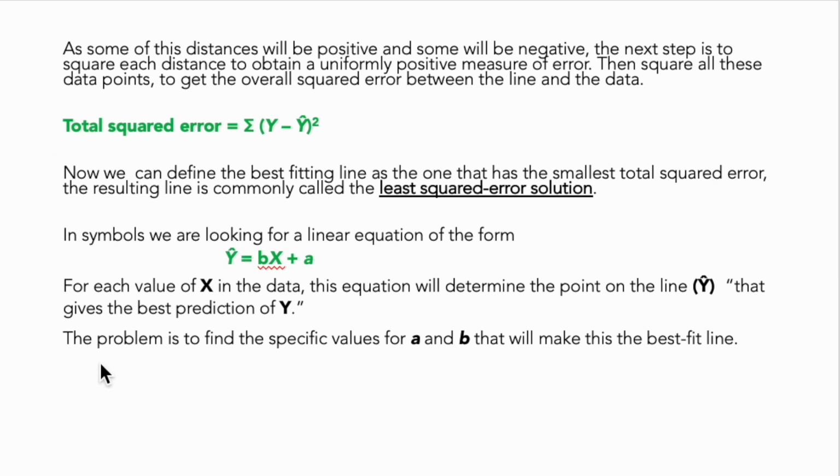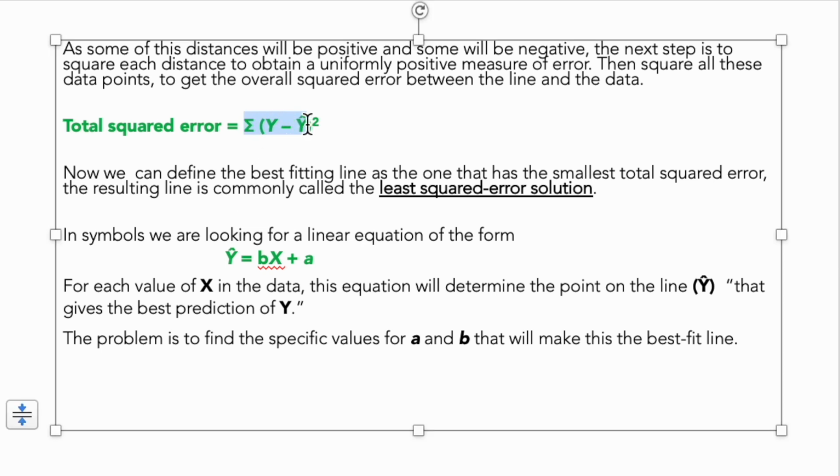The general equation for a regression is y equals bx plus a, but what we are interested in finding is the best fitting line. The best fitting line, like we mentioned, is based on the distance between the actual data points and the predicted data points, which is denoted by sigma of y minus y hat squared.